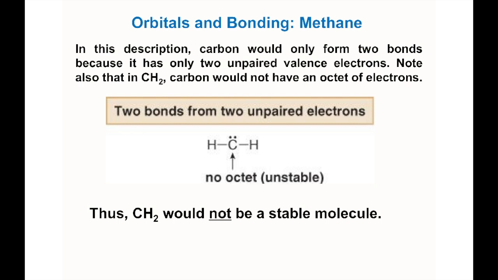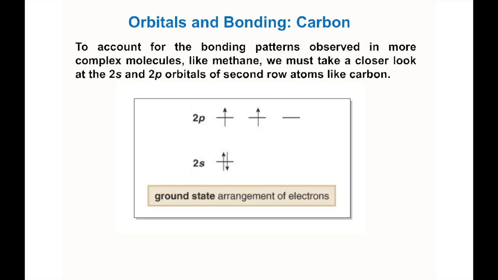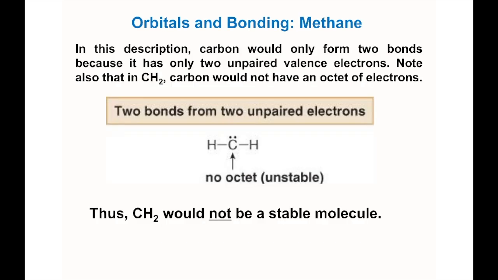For example, if we tried to make a molecule between carbon and hydrogen, this would be the result by combining two of the hydrogen atoms' s orbitals with the two half-filled p orbitals on that central carbon atom. And then we would be left with these two unpaired electrons in the s orbital that was filled in that atom. This would not be a stable molecule, especially because that central carbon atom does not have a full octet. It is not satisfying the octet rule.